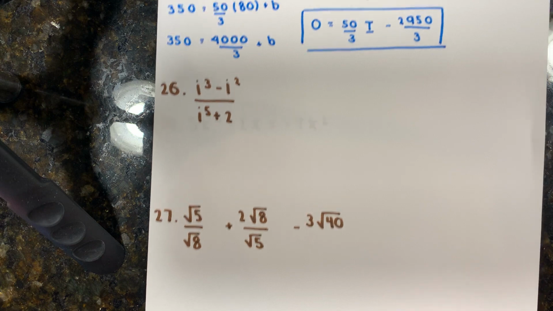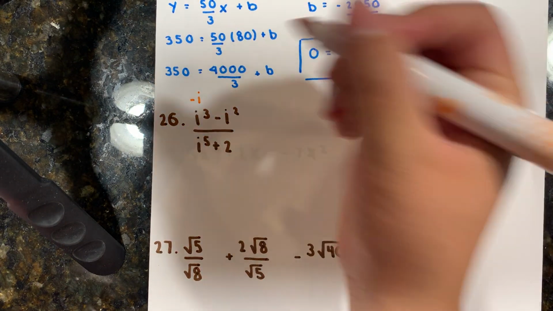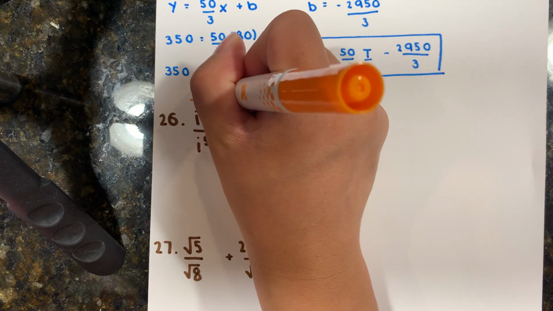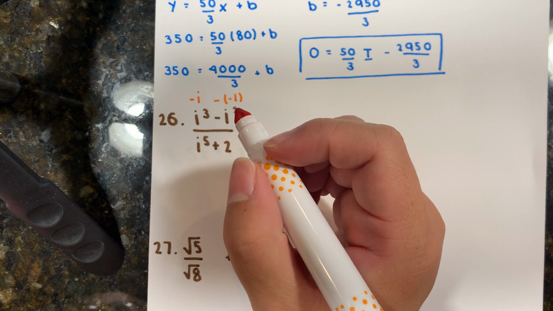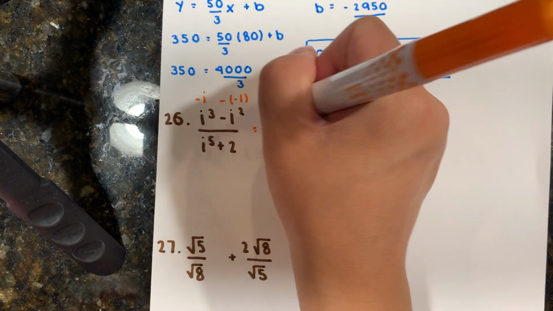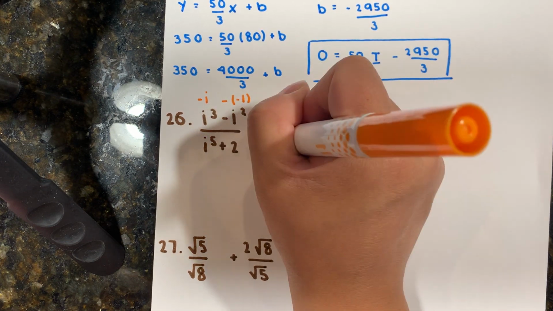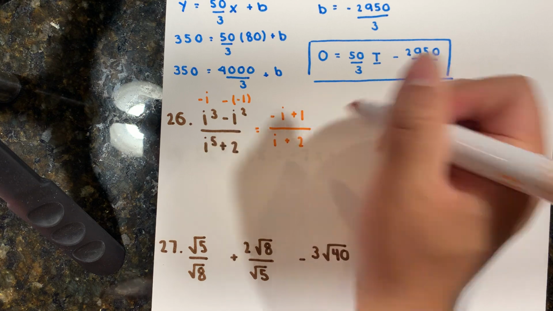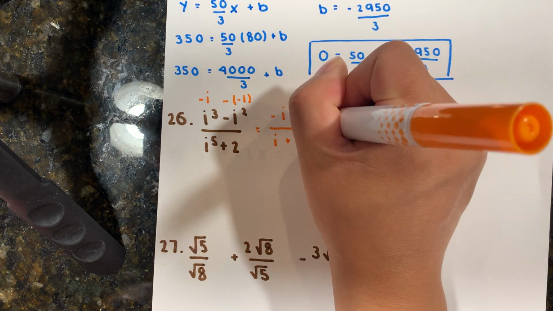Now for number 26, I have i cubed, which is equivalent to negative i, and then i squared, which is negative 1. i to the 5th would be equivalent to just i. So really what I have is negative i plus 1 over i plus 2. And I'm going to multiply top and bottom by i minus 2.